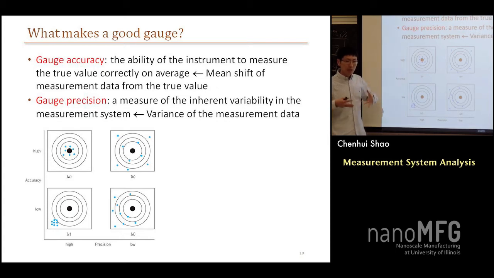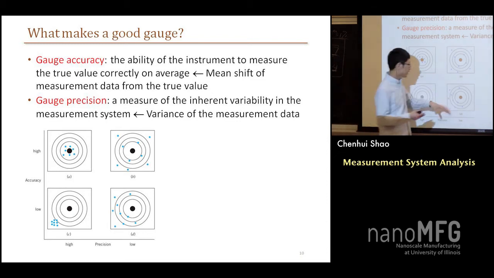So all of them are close enough, that gives you good precision. And they're close to the center of the true value, so they give you good accuracy. And in this example, all of the points are very close to each other. So the process is very repeatable, but it's off the center. It only has good precision, but not good accuracy.